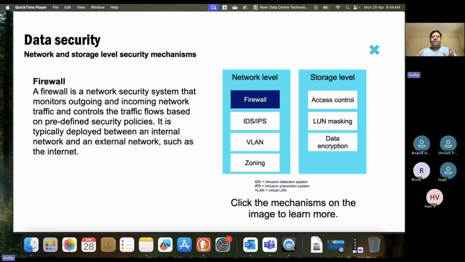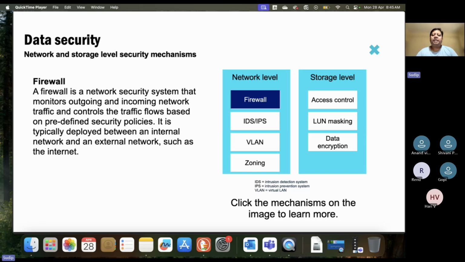And it maintains a lot of rules, what to allow, what not to allow. These rules are called firewall security policies. Every packet is inspected, whatever is going out, whatever is coming in. For every packet, it will check against a predefined set of rules inside the firewall, what it should allow to go out, what it should allow to come in, both ways. That's the function of a firewall.